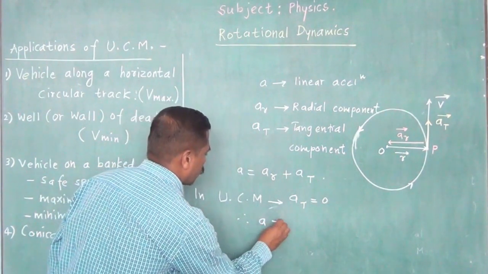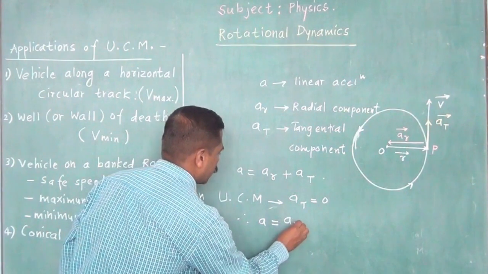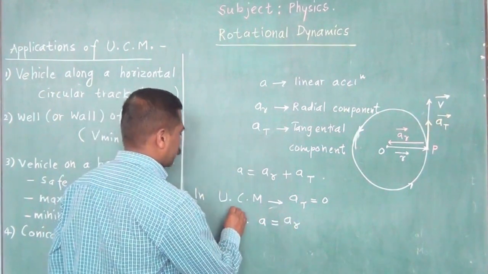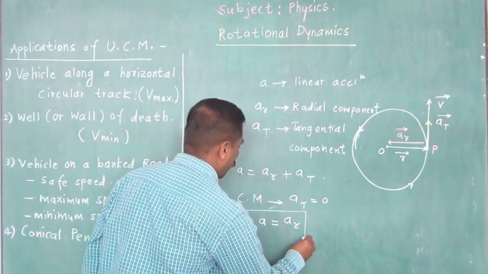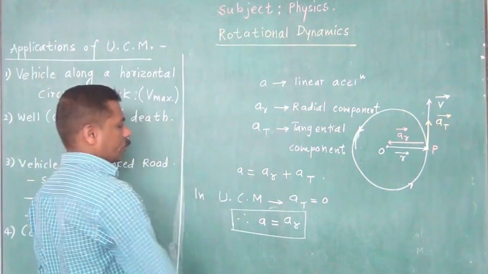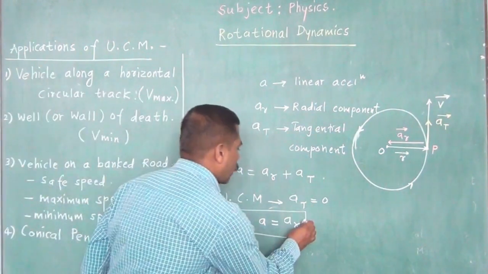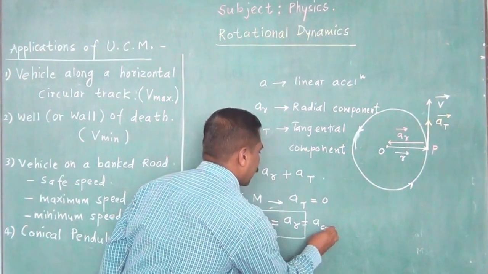Therefore, the total linear acceleration is only the radial or centripetal acceleration.